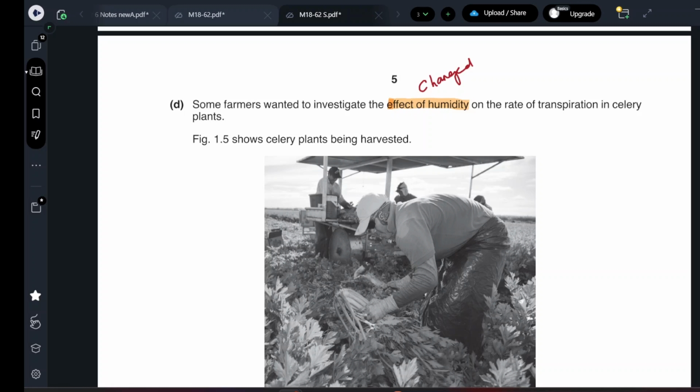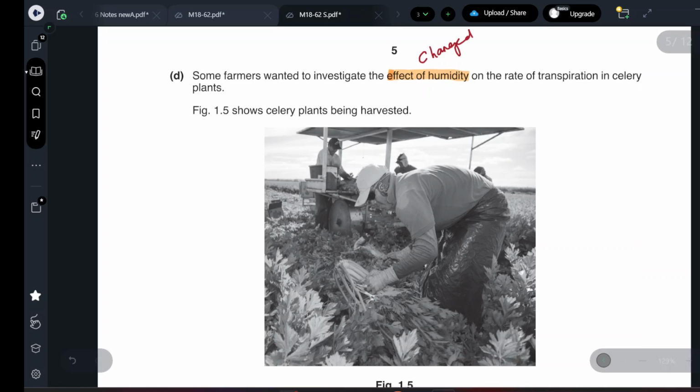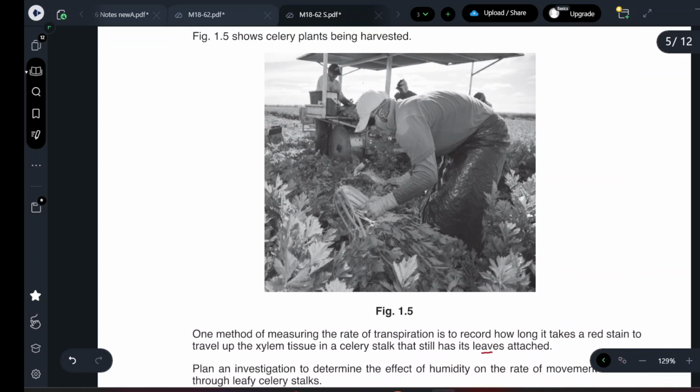The rate of transpiration. It gave me celery plants being harvested, the picture, and then he said, one method of measuring the rate of transpiration, you can measure it by recording how long it takes for the red stain to travel the xylem. So here he is measuring the time. He is not cutting pieces.